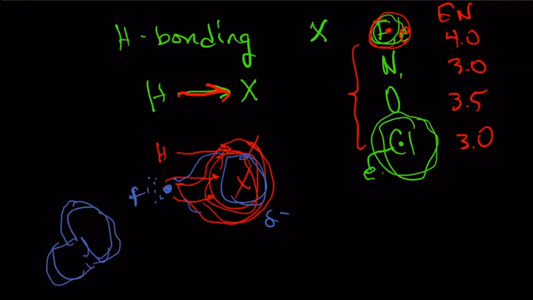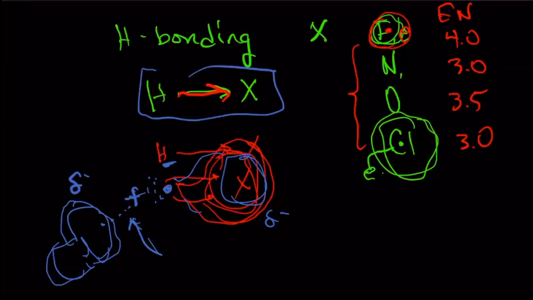And because it has a very huge partially negative sign, it's going to be attracted to it. That attraction between this proton in a chemical that has this type of motif and this element right here that's very electronegative is what we call hydrogen bonding. Okay, that's what we call hydrogen bonding.